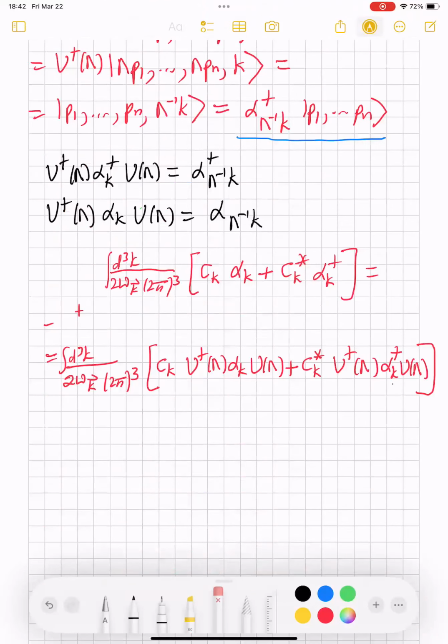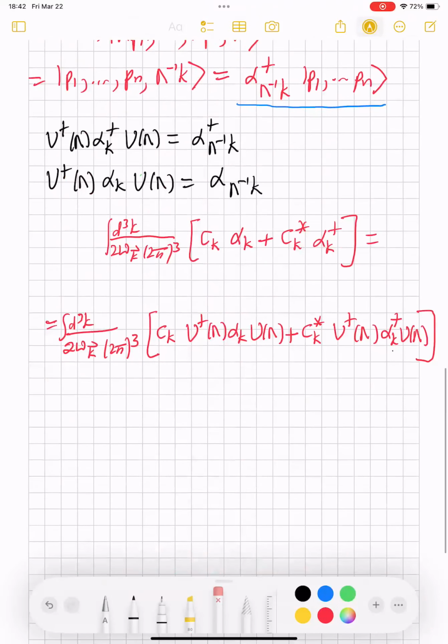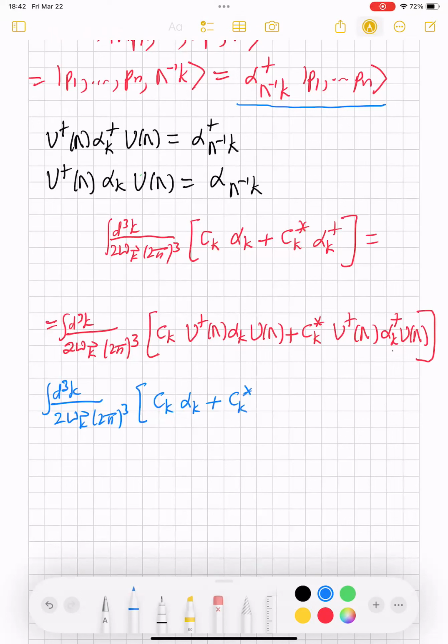So these two are equal. Let's now write this again using what we've just learned. Okay. So we've got an integral d3k over 2 omega k 2 pi cubed into ck alpha k plus ck star alpha k dagger. Good, so that's fine.